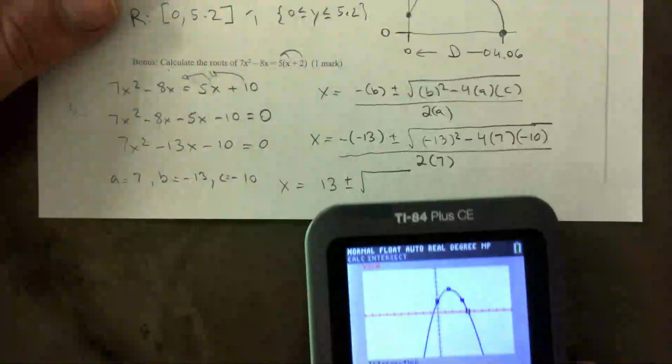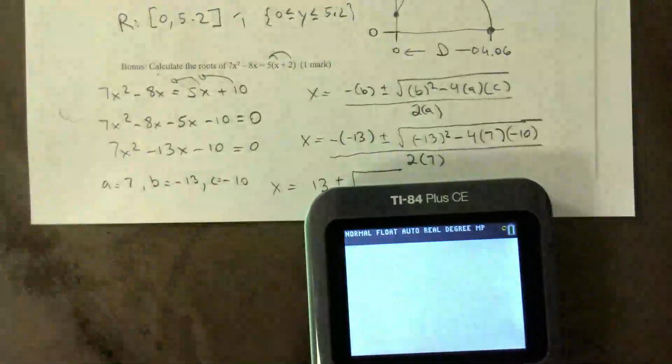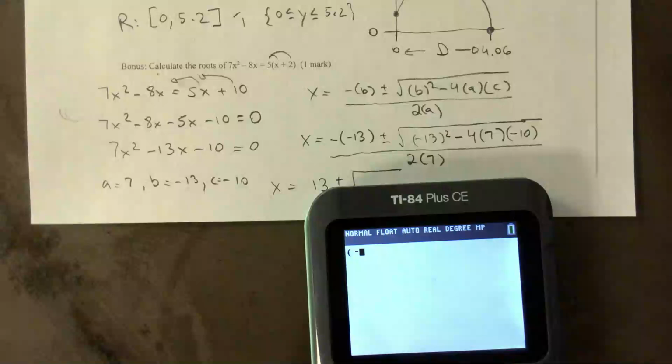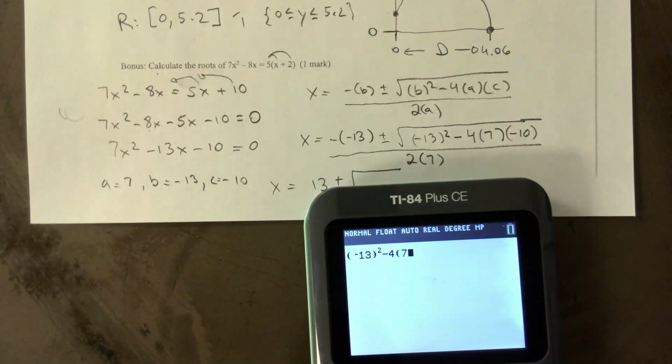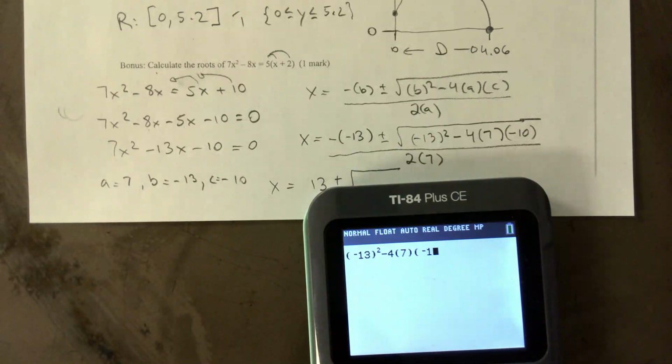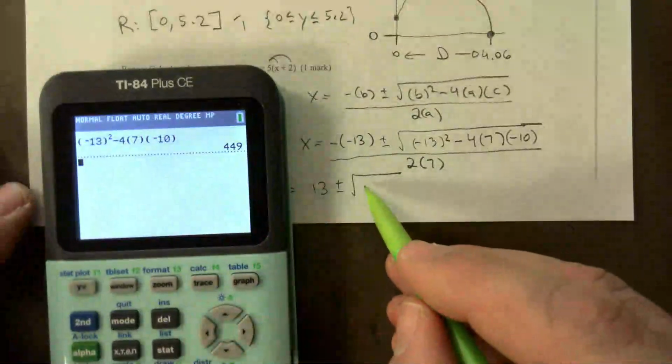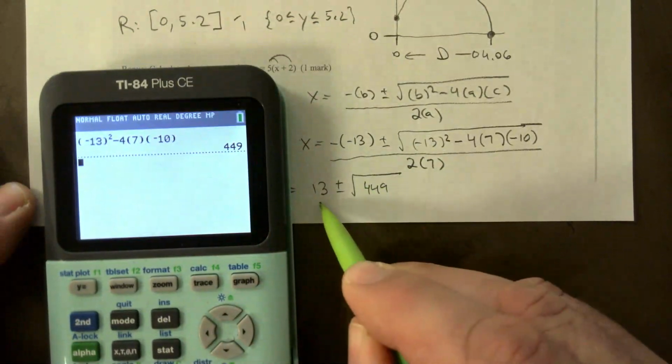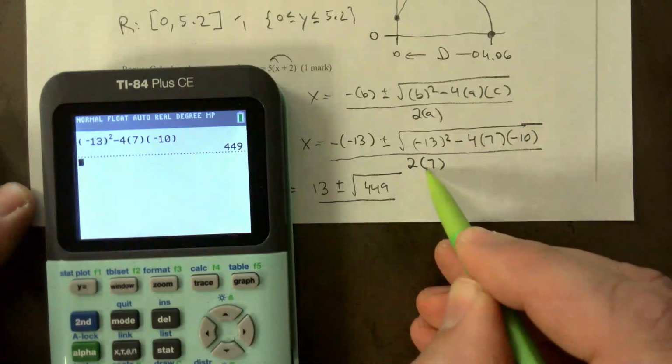Let me see if I can make some room here. You have to type it in exactly the way you see it: minus 4 times 7 times negative 10. That's 449 in the root, divided by 2 times a, which is just 14.